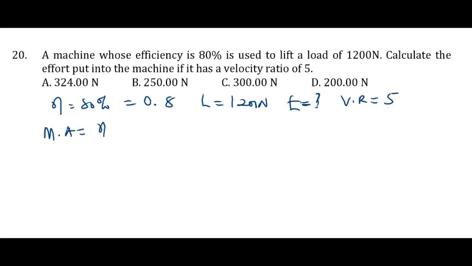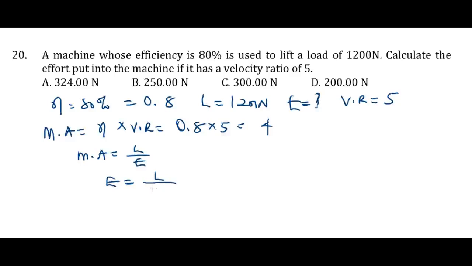Mechanical advantage is efficiency times velocity ratio. So this is 0.8 multiplied by 5, and that is 4. Don't forget that mechanical advantage is load over effort, and so your effort is load over mechanical advantage. Load is 1,200 and mechanical advantage is 4. 1,200 divided by 4 is 300 Newton. Therefore, option C is the correct answer.